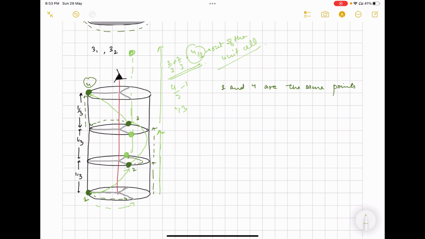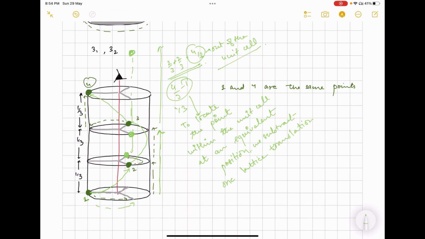So to bring it into the unit cell to an equivalent position, to locate the point within the unit cell at an equivalent position, we subtract one lattice translation vector. Okay, so we get 1 by 3. So accordingly we plot that point at 1 by 3.